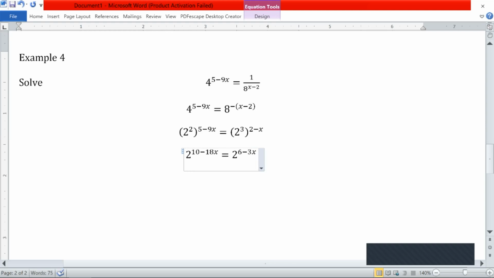Now I have that form, same base, two index numbers, same base, then the powers must be the same. So you can equate 10 minus 18x to 6 minus 3x. That's just a simple equation and you can solve it. I will just write the answer. I'm not showing all the steps. You get x is equal to 4 over 15.